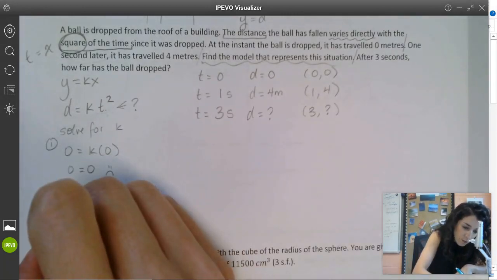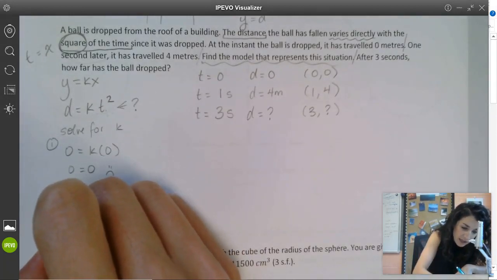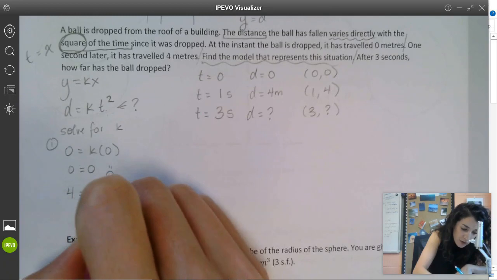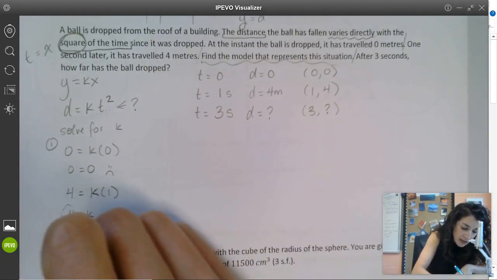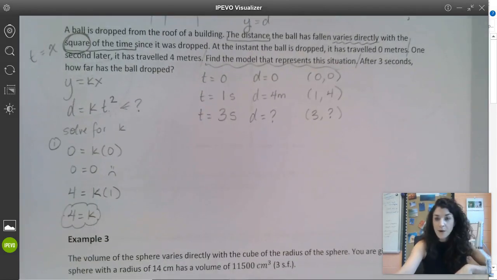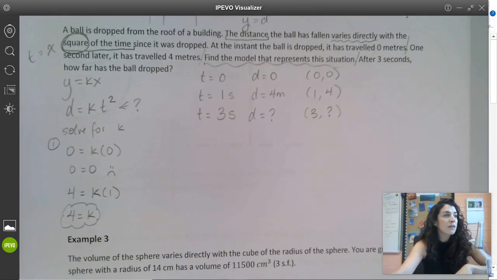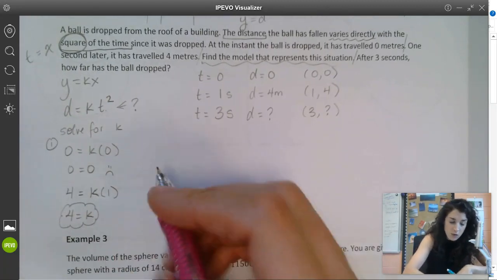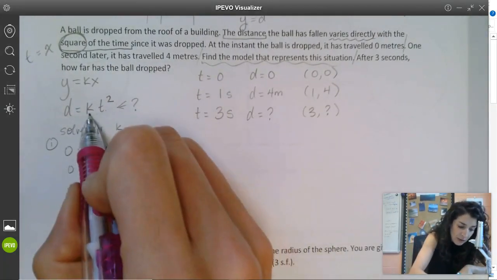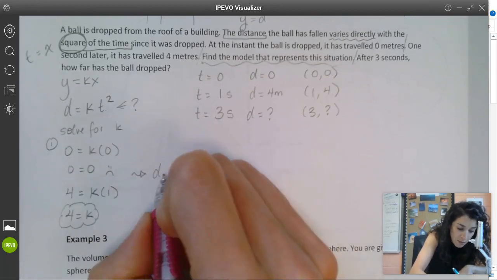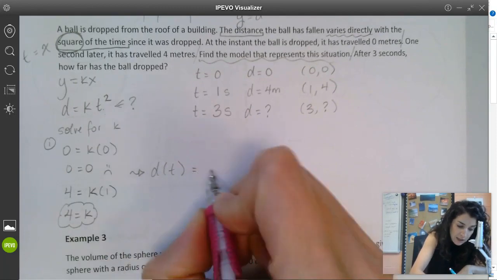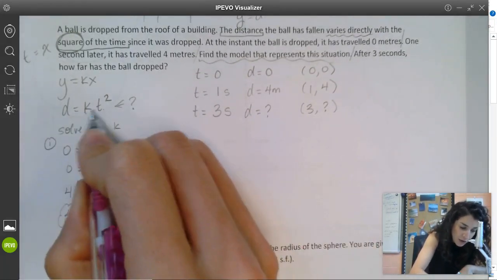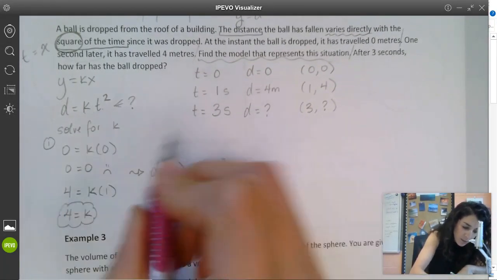I get that 4, as my distance, is equal to k times 1, which means that 4 equals k. Awesome. Okay, so now I have all of the information I need in order to write the equation of that model. I just take that and replace k with 4. But I still want distance. I could do distance as a function of time is equal to k, which is 4, times t squared.